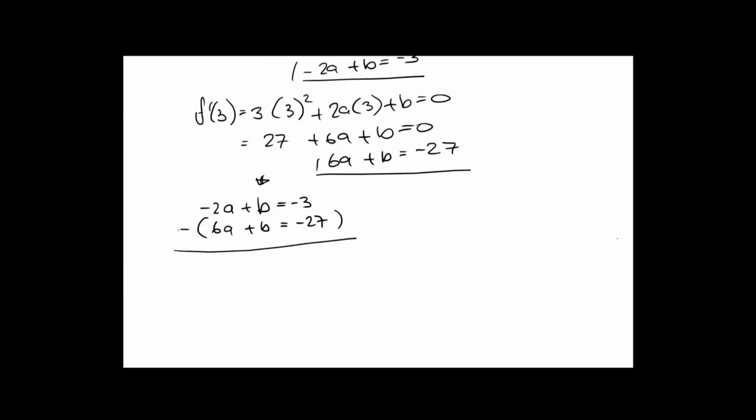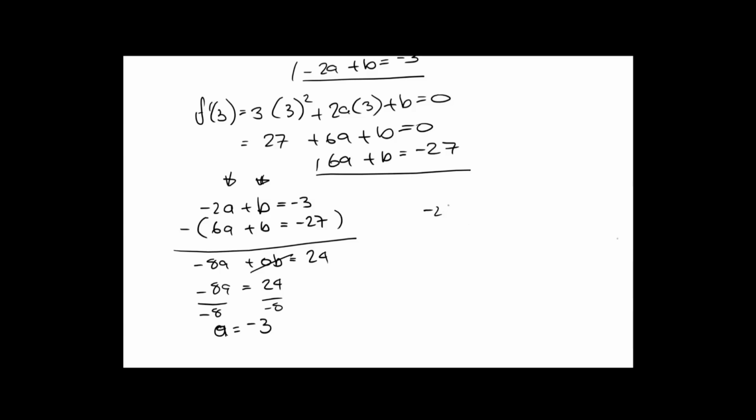So negative 2a minus 6a is negative 8a. b minus b is 0 b's. Negative 3 minus negative 27 is the same as adding 27. So that's going to be 24. The b's go. So negative 8a equals 24. Divide both sides by negative 8. And a equals negative 3.